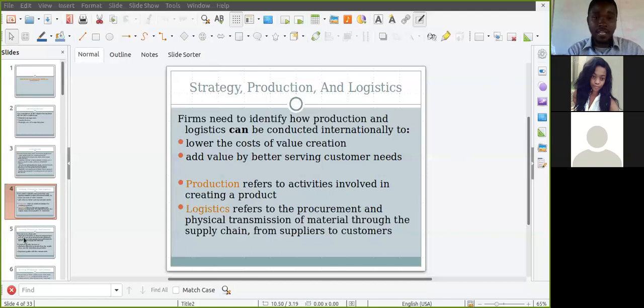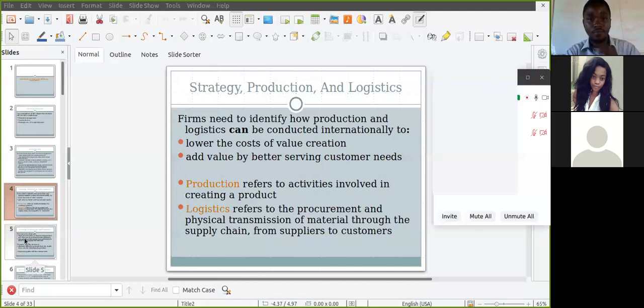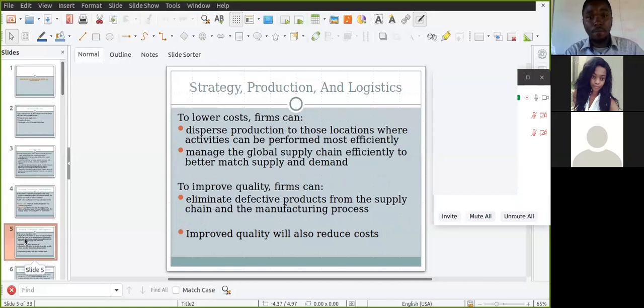Moving on to slide 5. To lower costs, what can firms do? They can disperse production to those locations where activities can be performed most efficiently. So what is efficiency? Efficiency is simply a way of doing something using the least possible cost.